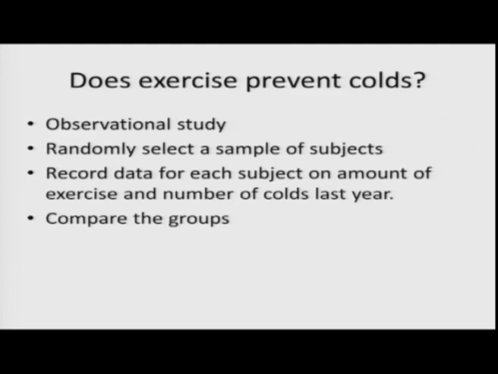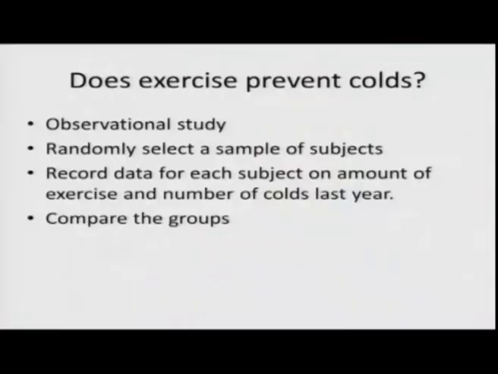For example, let us look at this. Your research question is, does exercise prevent colds? You have decided to follow the observational method. So, you are going to observe people and then come to a conclusion about it. You are going to observe people exercising and see if it prevents colds.